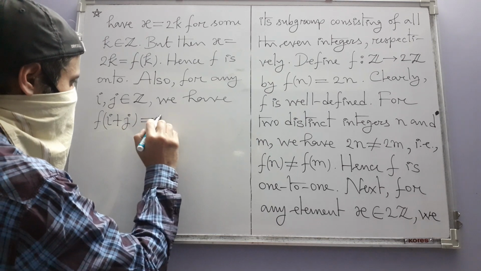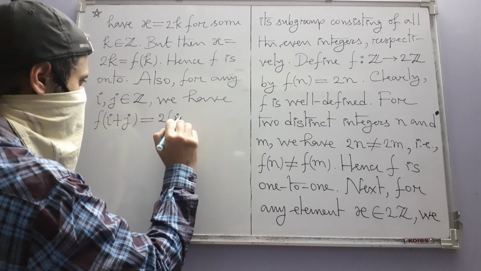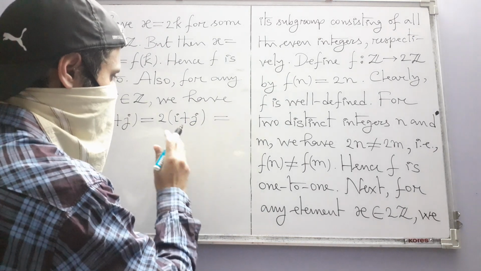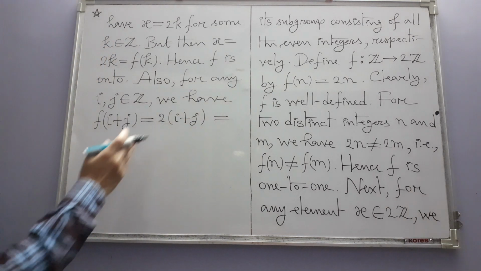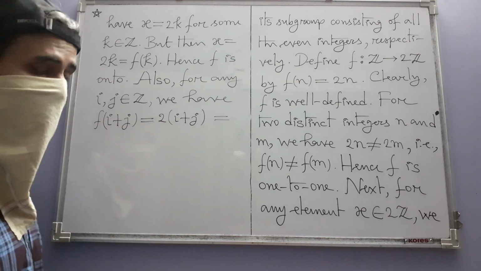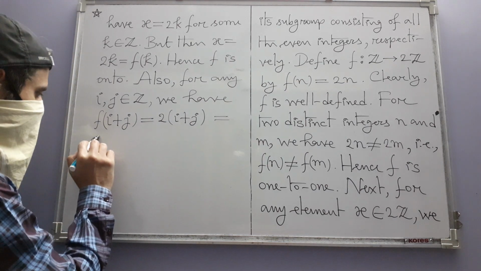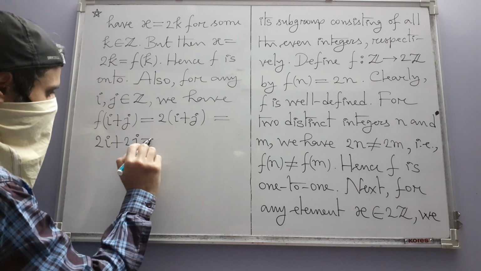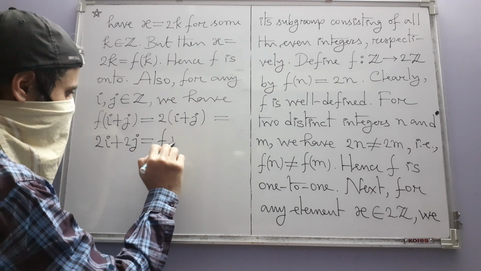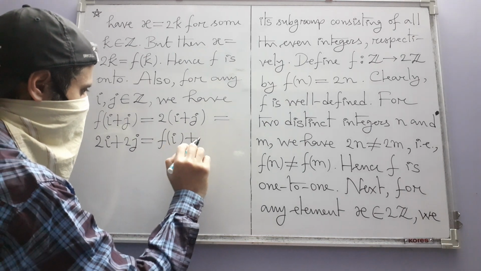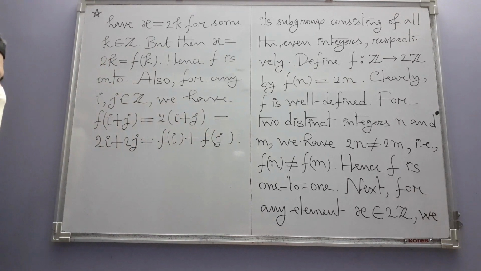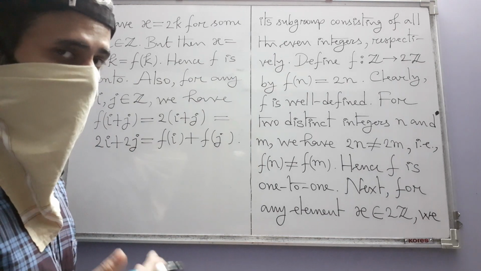By definition of our function, this is 2 times i plus j, but we already know that multiplication of integers distributes itself over addition of integers. So this is 2i plus 2j. Now 2i is f of i and 2j is f of j. So now we can conclude that f is an isomorphism.